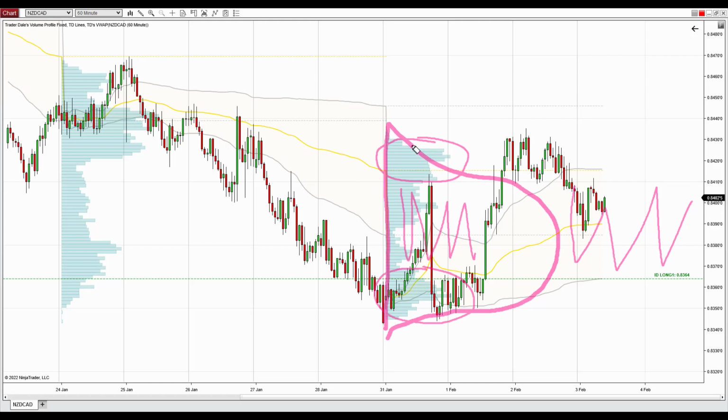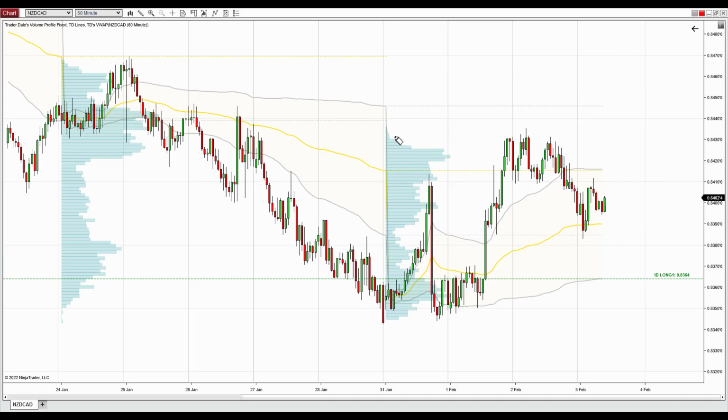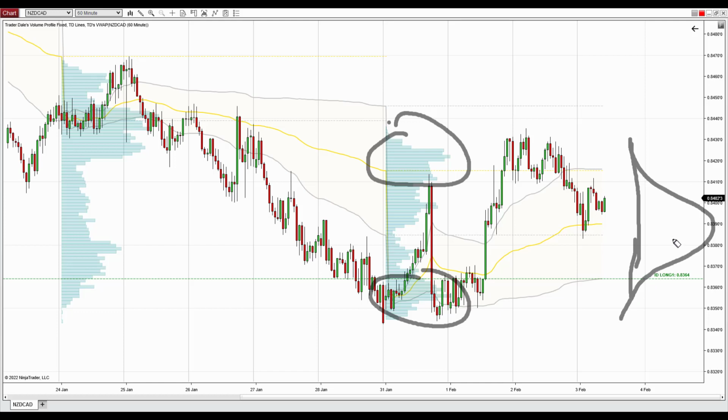It doesn't need to be this week, but it could be the next week. But usually after this double distribution profile, there will be a D-shaped profile, to fill this low volume area.